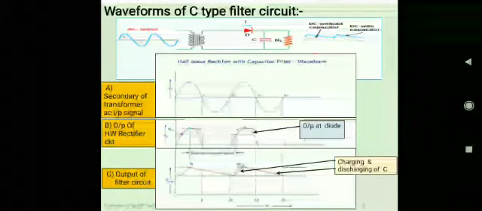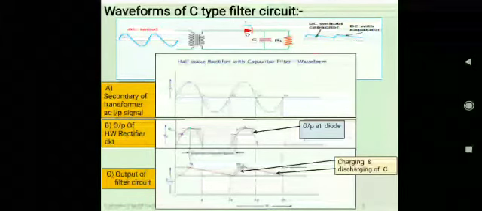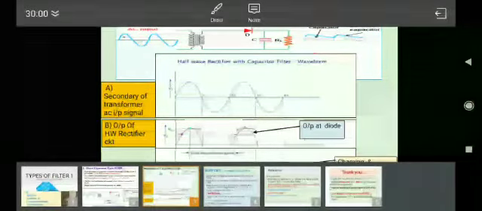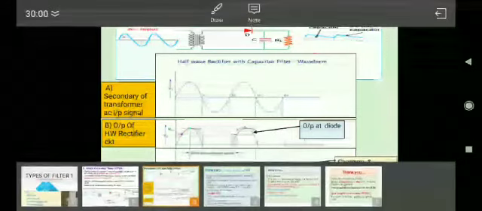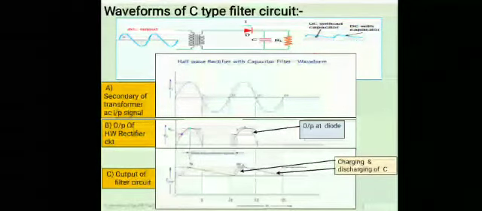at the transformer secondary, and again this makes the diode forward biased and the capacitor starts charging again to the maximum value. Again the next negative half cycle appears, which makes the diode reverse biased.